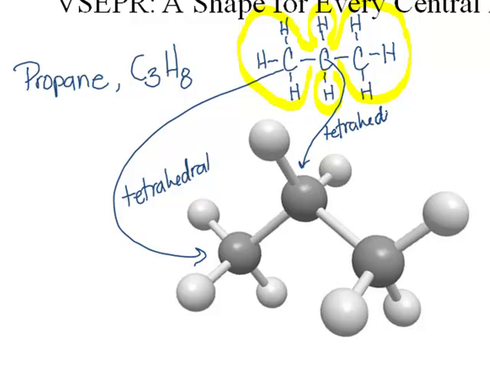And that's why in 3 dimensions you may notice this shape looks a little bit kinked or bent. That's because the molecule is made up of tetrahedral carbon atoms in the middle. So we have to have a bond angle of 109.5 degrees between all these different bonds. In fact, every atom in this molecule has a bond angle of 109.5 degrees between its closest atoms.